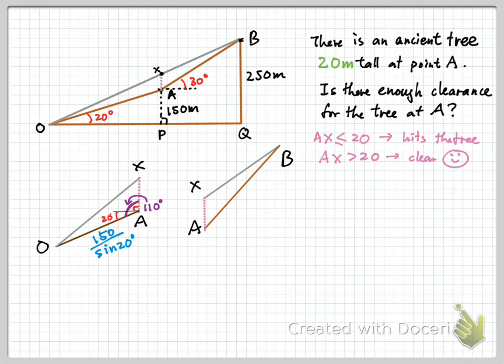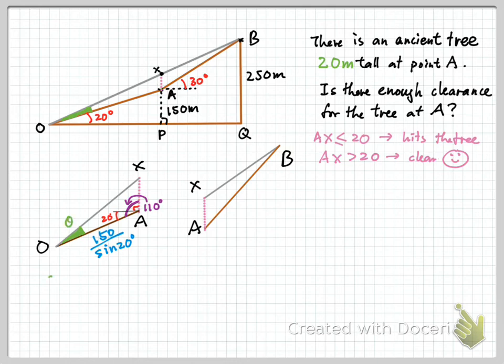We can find out this green angle, because this green angle plus 20 degrees will become angle BOQ. So the entire angle, let's call it theta.